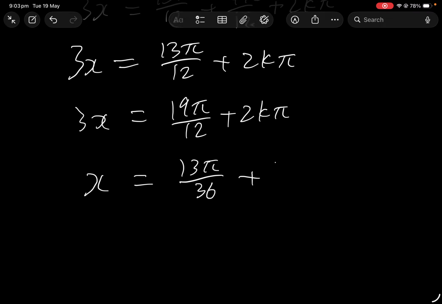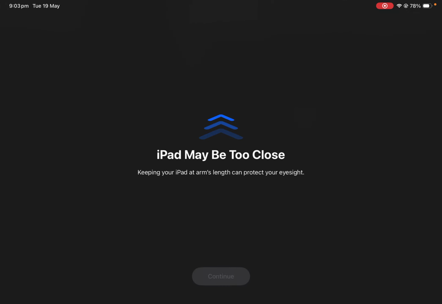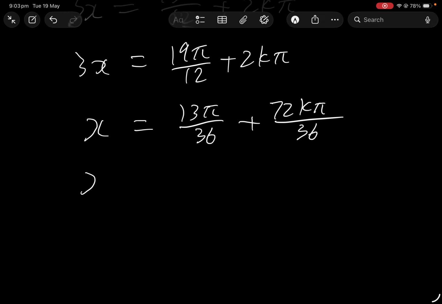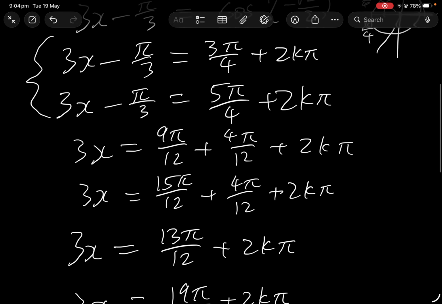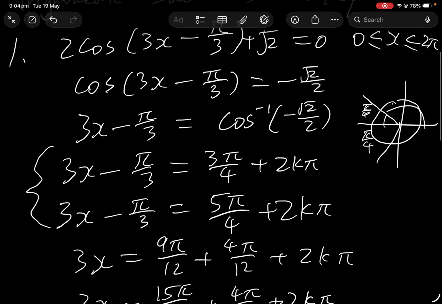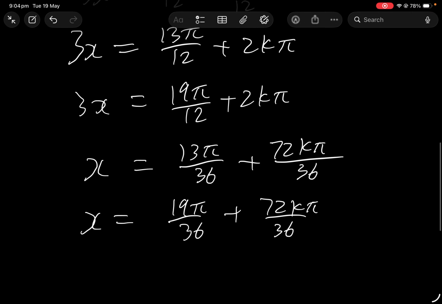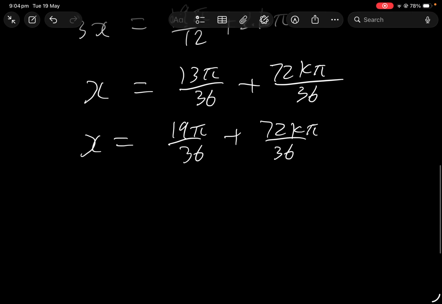So x equals 13π/36 plus 72kπ/36, and x equals 19π/36 plus 72kπ/36. Normally I would write that k is all integers.